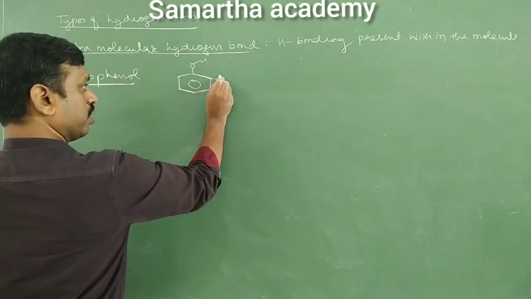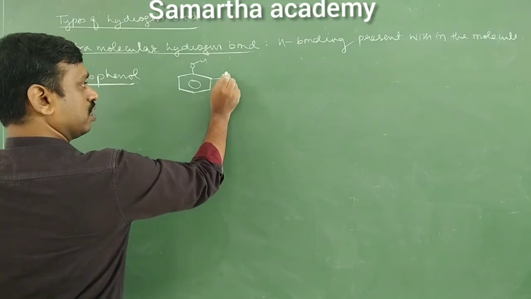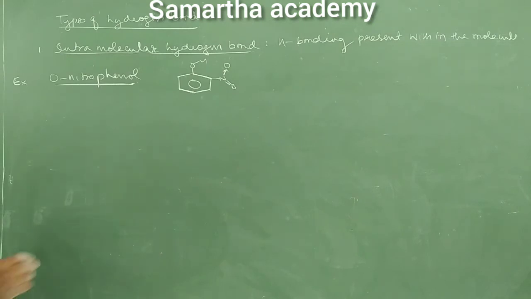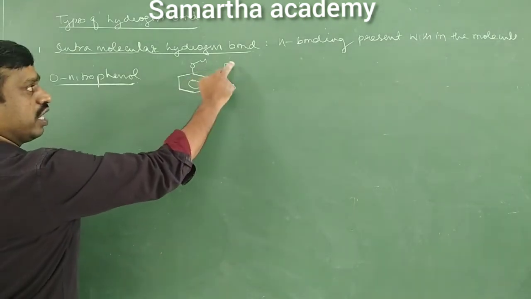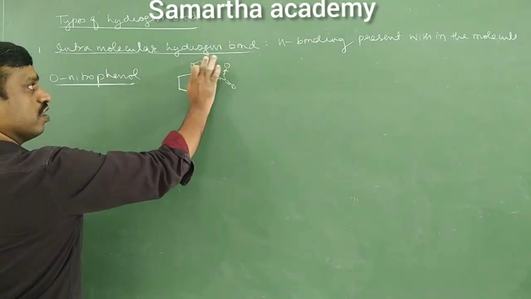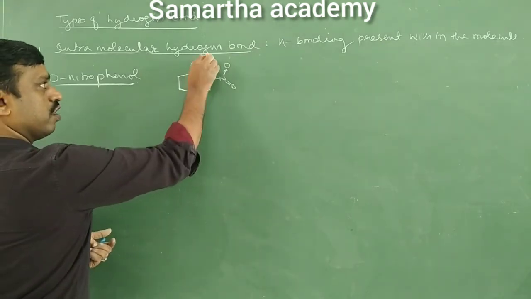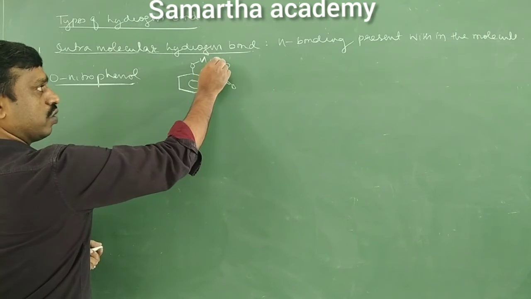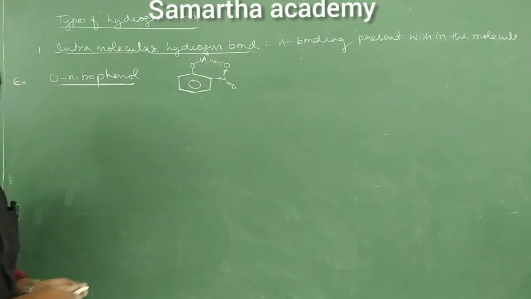Nitro, there is an NO2 group like this, N, O. Here, between the hydrogen of phenol and the nitro oxygen, there is hydrogen bonding present.